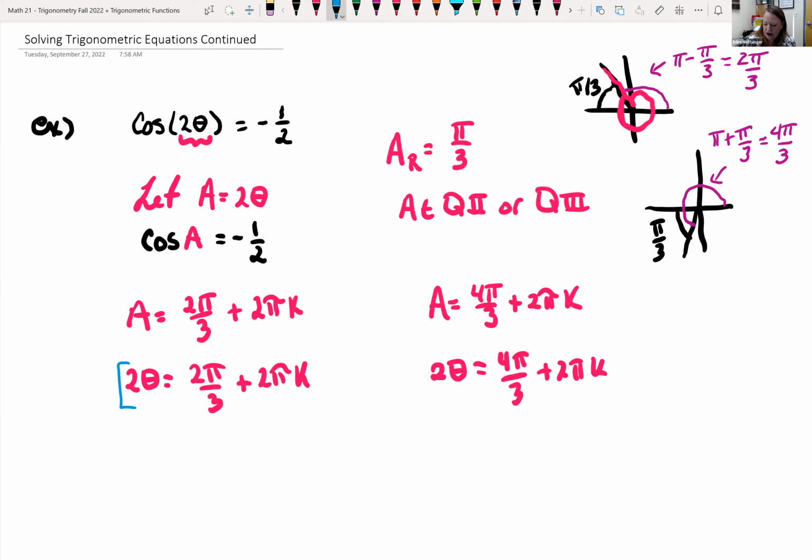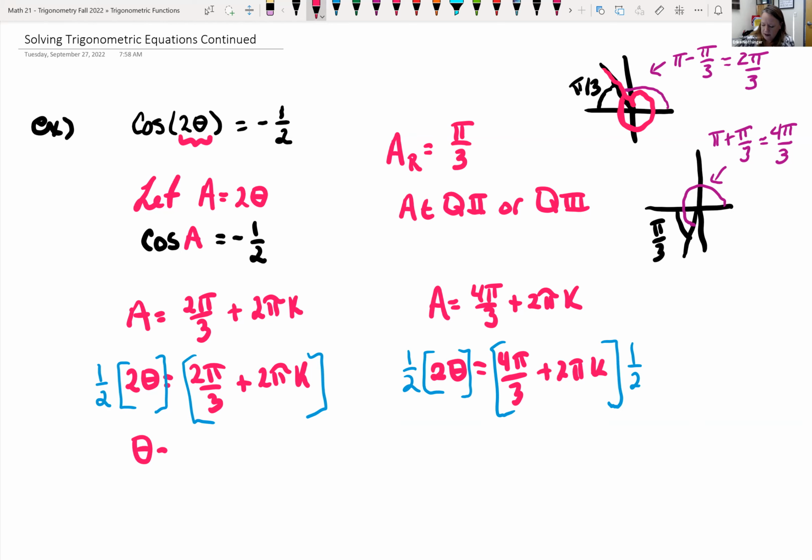I don't want to deal with fractions within fractions, so to bypass that, I'm going to multiply by the reciprocal of 2, which is 1/2, on both sides of my equation. So 1/2 times 2 theta, that's just giving me theta, is equal to, I need to multiply 1/2 on the right-hand side, and I need to distribute that.